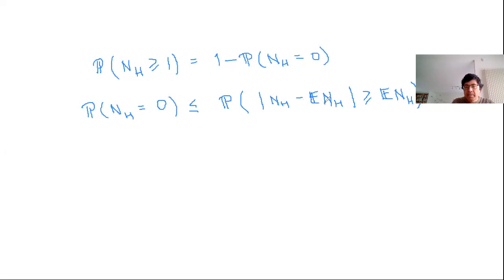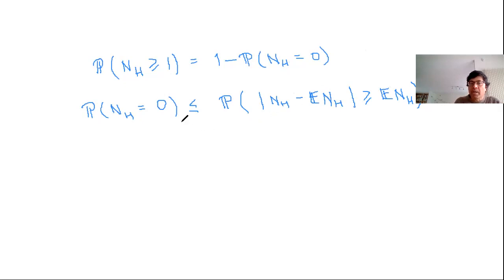If the random variable deviates from its mean in absolute value by at least its mean, that's saying the random variable should either take values less than or equal to 0, or bigger or equal to 2 times the mean. That's the event on the right. The event that it takes the value 0 is a subset of the event that it takes values less than or equal to 0 or bigger or equal to 2 EnH. That's all. So the probability here is bounded by that.